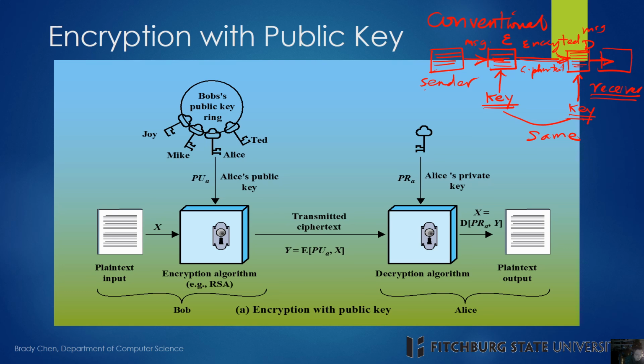Okay. Now, in this module, when we apply number theory, we are going to use encryption with a public key. That means typically the sender and the receiver use different keys. In fact, each user is going to generate a pair of keys.